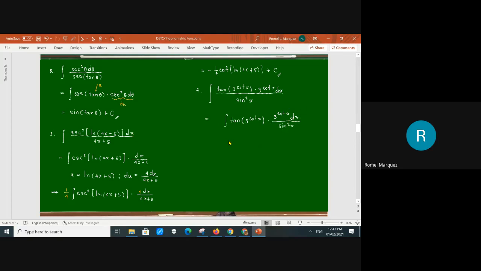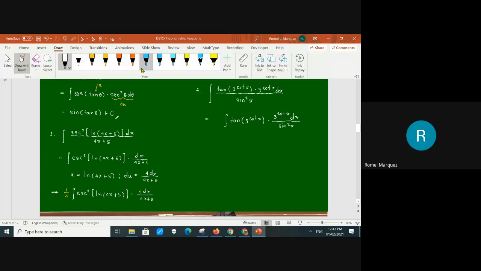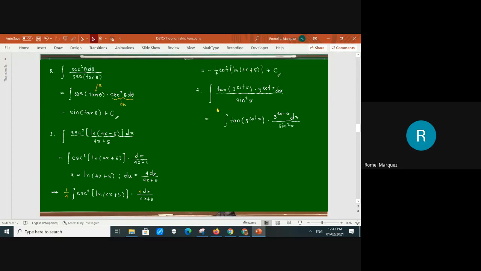All we have to do is check if that is really part of the du. Okay? So we now have to identify the u. Our u is 3 to the cotangent x.